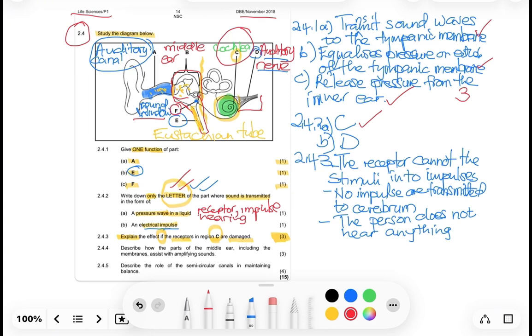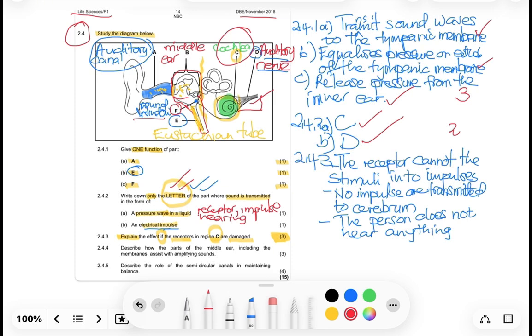The part that transmits sound waves in form of impulses, we've seen that it is the auditory nerve, which is part D. We are writing the letter only, so the examiner will credit the letter only. So 2.4.2 is 2 marks. Right, we move on to 2.4.3.